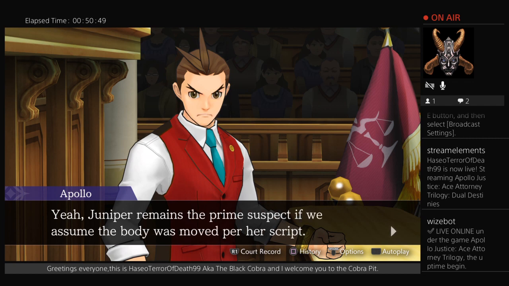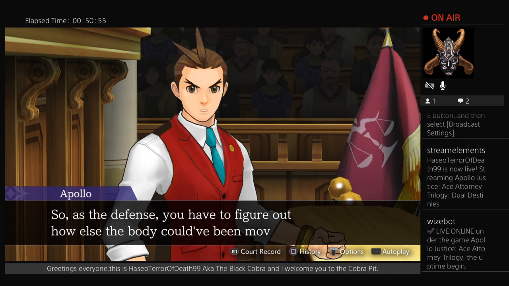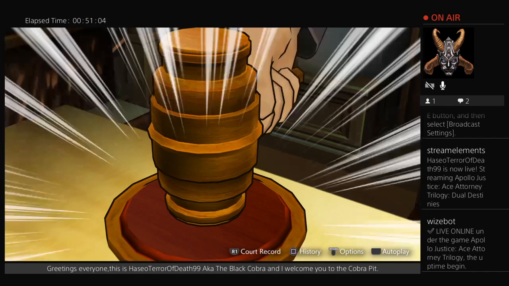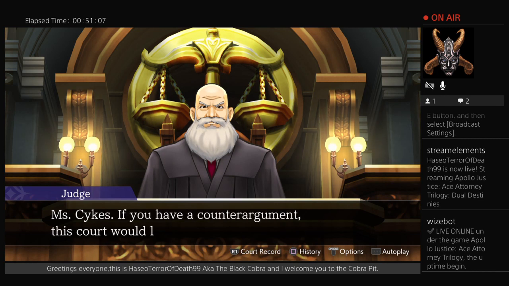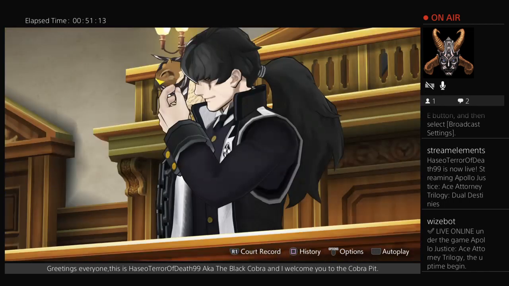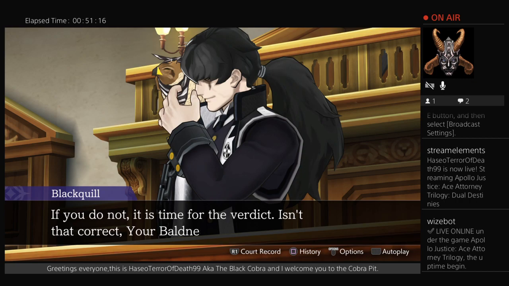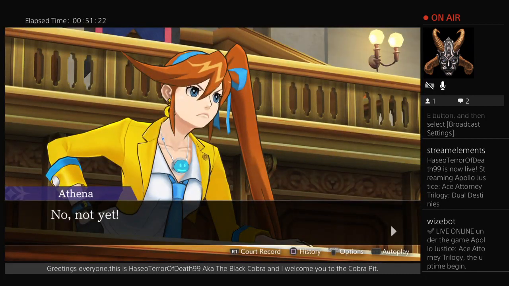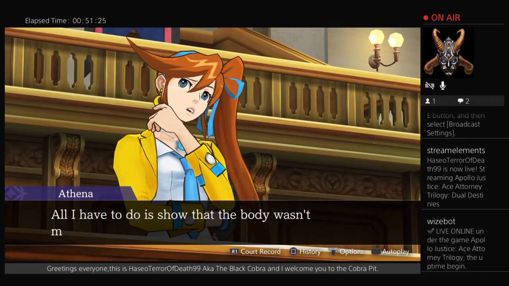Juniper remains the prime suspect if we assume the body was moved per her script. So as a defense, you have to figure out how else the body could have been moved. Yes, Your Honor, I do have a counter-argument. Objection! Objection, Your Honor! All I have to do is show that the body was not moved like it was in the script.